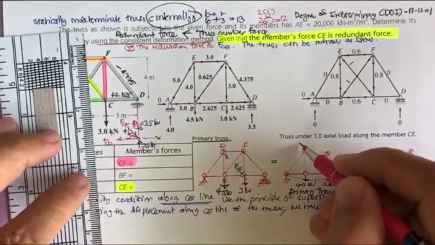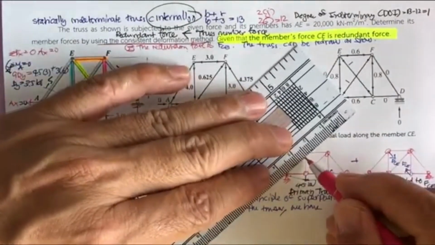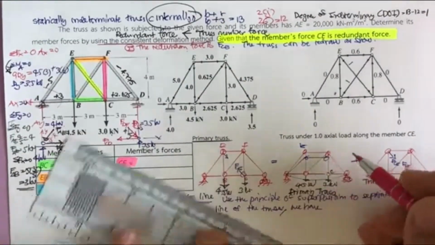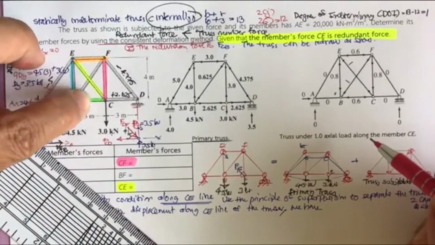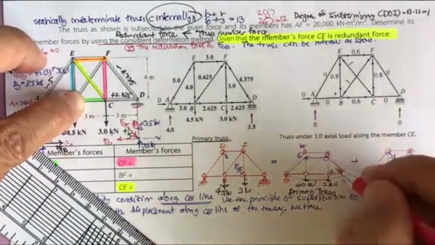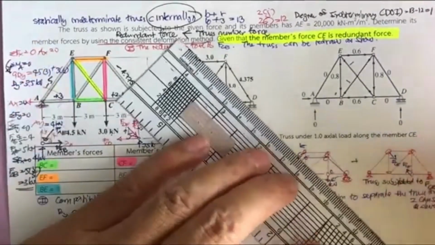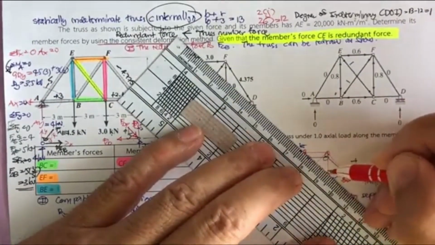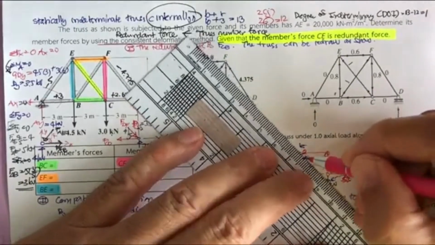The point E and C will change its length. Usually it is 4 and 3, that is 5. Now it's changed to C prime and E prime. So the line used to be 5 meters, and it is going to change to this line.